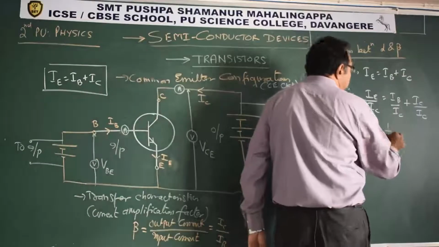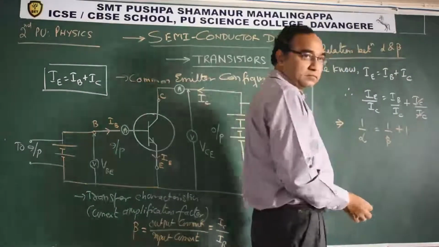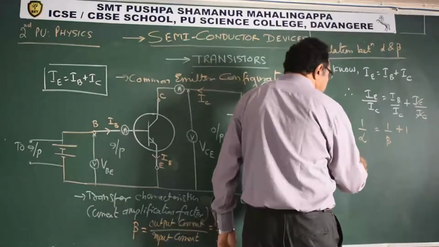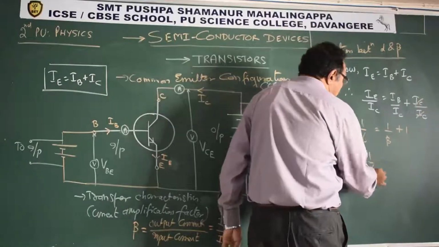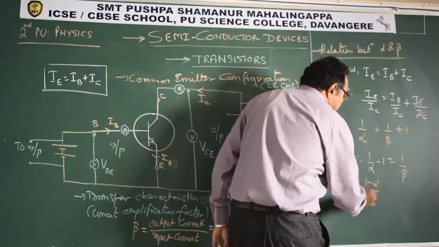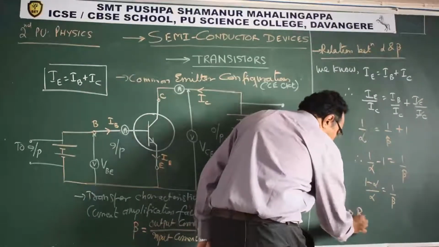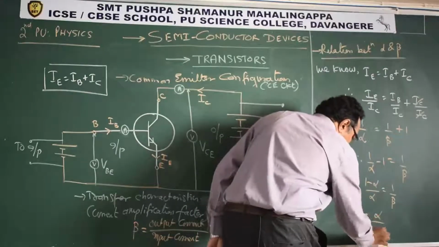And here we get plus 1. So what we get now? 1 by alpha minus 1 is 1 by beta. So 1 minus alpha by alpha is 1 by beta. So what I get now? Beta is what? Alpha by 1 minus alpha.